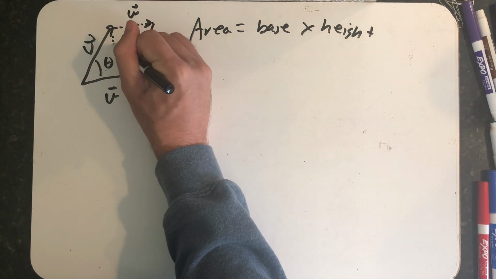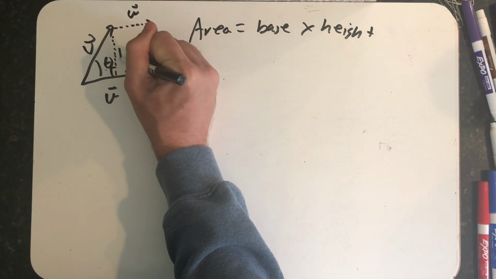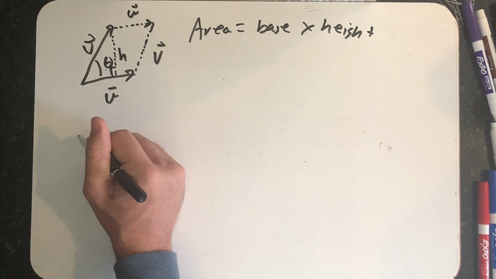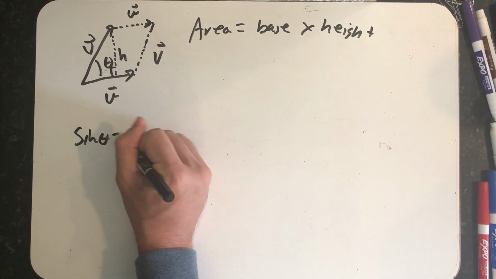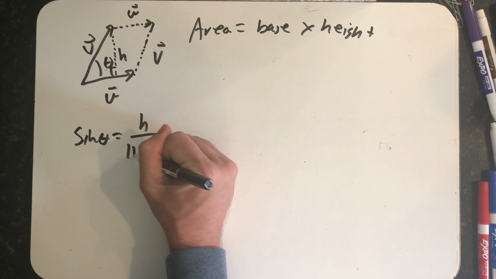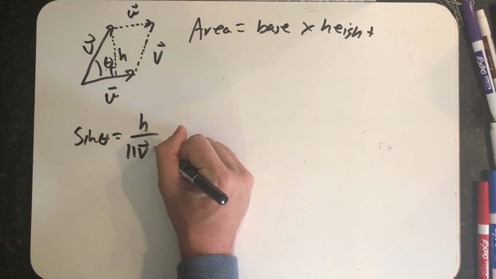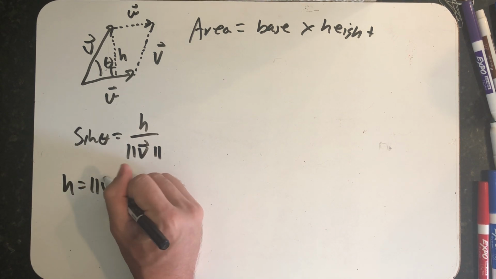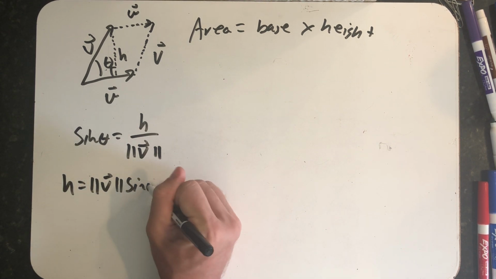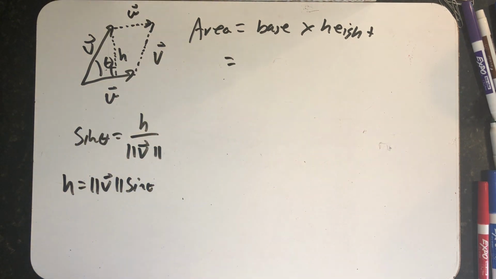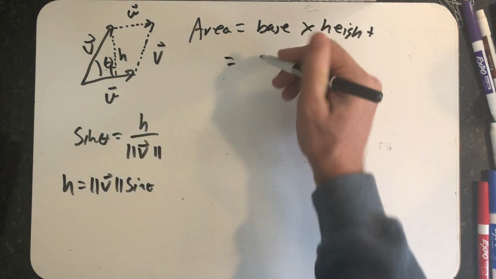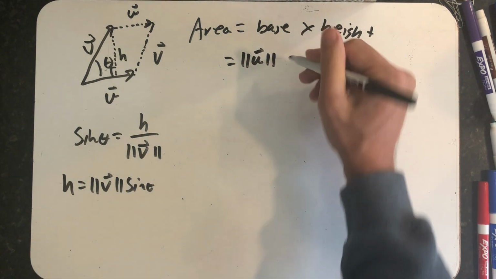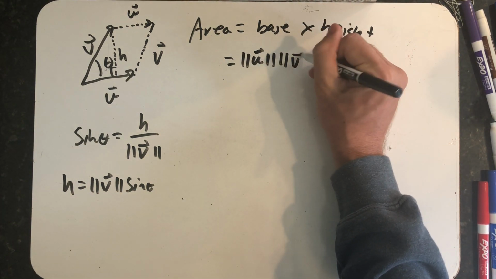So I'd need to know the height. Well, looking at this little right triangle I just formed, sine of that angle is equal to that height over the magnitude of V. So when I go to find the area of that parallelogram, the base has a magnitude of U, and then the height has this length.